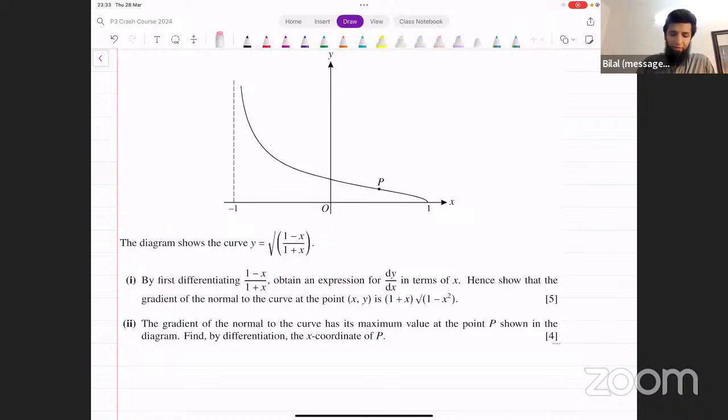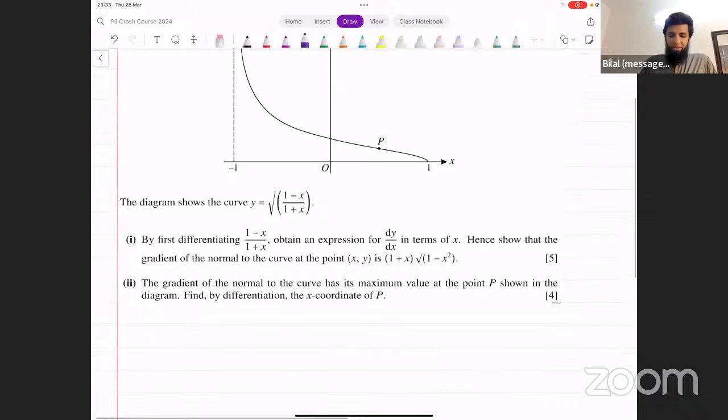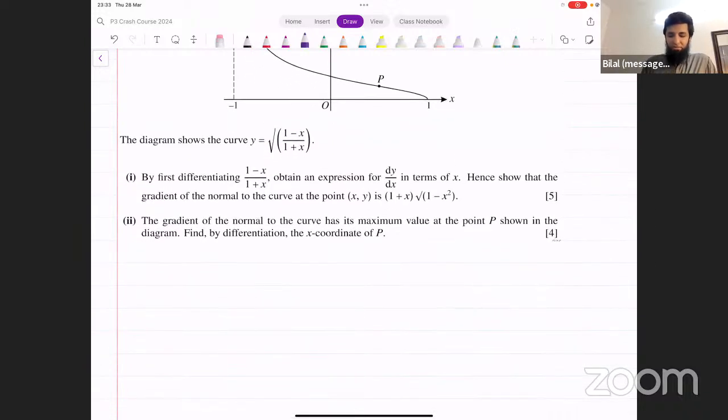This is a curve that we've got. Now it says by first differentiating 1 minus x over 1 plus x, obtain an expression for dy over dx in terms of x. So we need to find dy over dx in terms of x. But for that, they want us to first differentiate this thing, 1 minus x over 1 plus x.